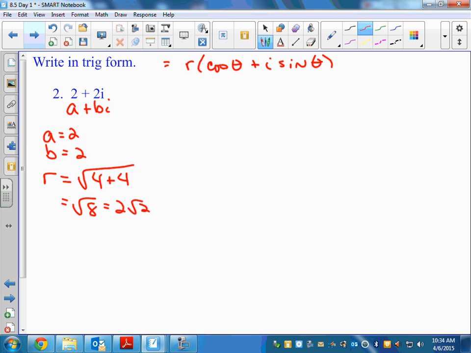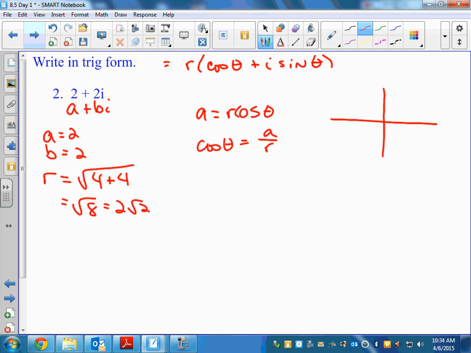So this is where you could draw this out if you want, or you could just use the ratio that we know. If you know A, B, and R, you know 3 sides of a right triangle. If A equals R cosine of theta, you could say cosine of theta equals A over R, just using the equation.